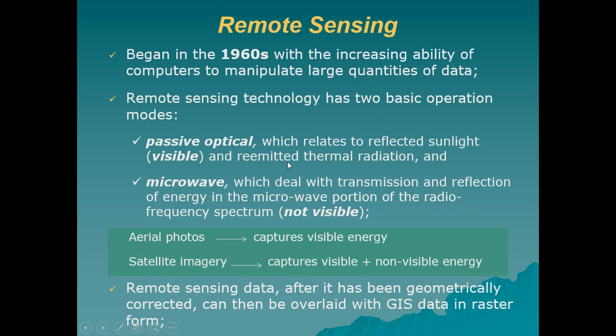It's a visible category, and then we have a non-visible category, where the energy is transmitted via microwave portions of the radio frequency spectrum or the electromagnetic spectrum. So there are two categories in that spectrum: what is visible and what is not. What I want you to really pay attention to is this little note here. What type of energy signatures is provided in aerial photos?